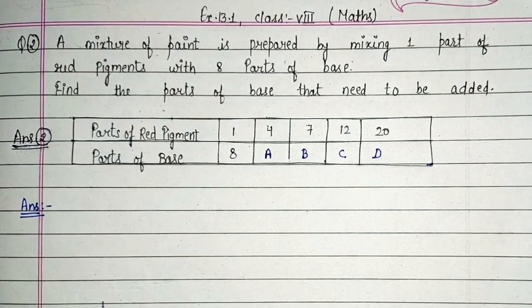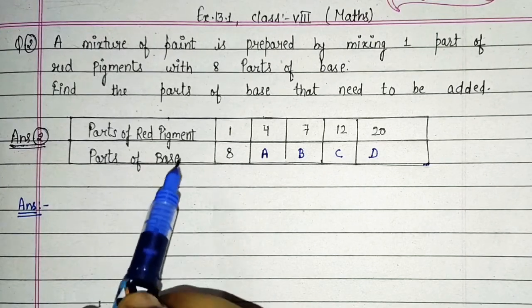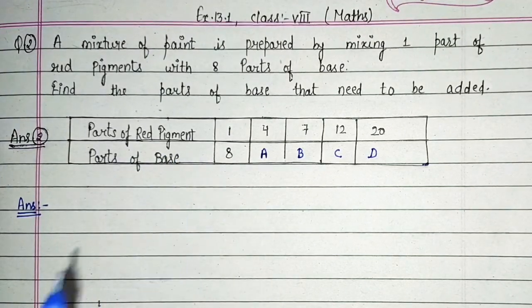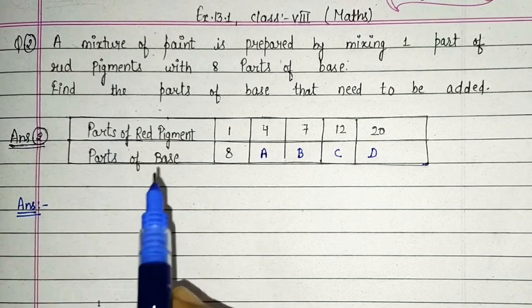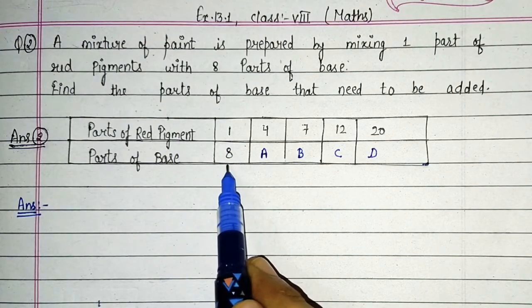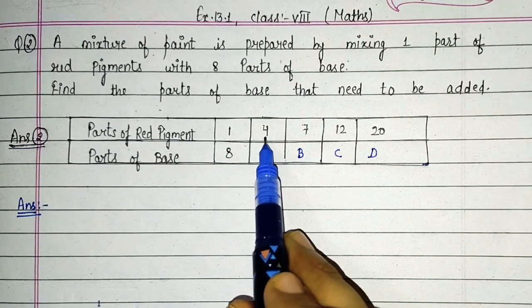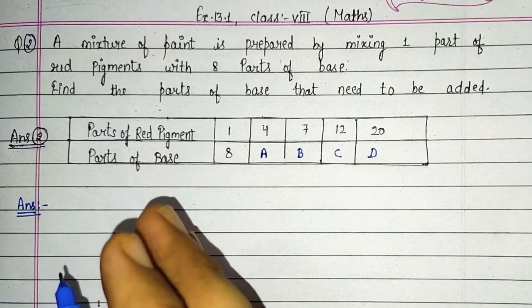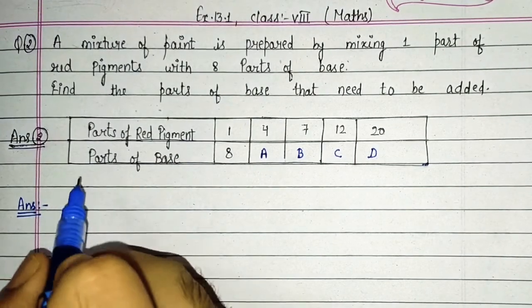Now if you check this mixture and these two quantities, red pigment and base, both are in direct proportion. How do we get to know that both are in direct proportion? Because if you add one part of red pigment, you need 8 of base. Suppose you add 2, then it will be 16. One quantity is increasing, the second one is also increasing, so it is direct proportion.